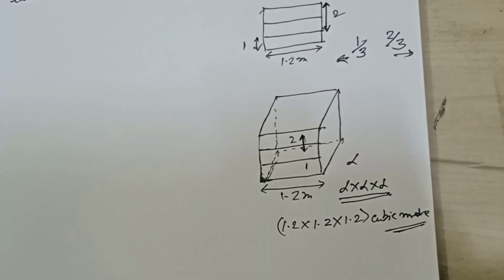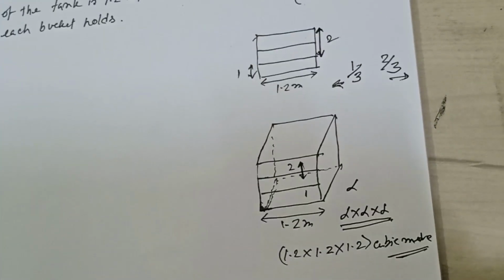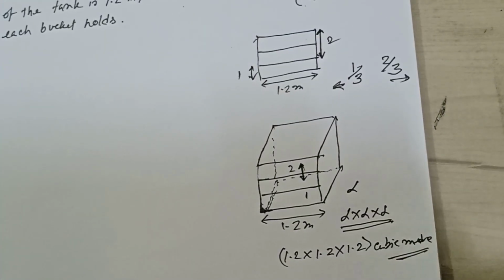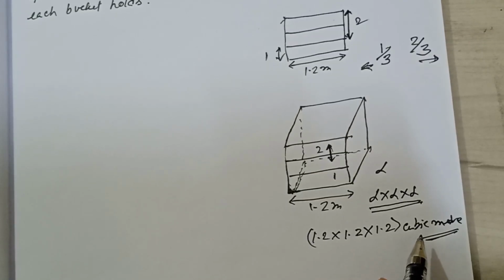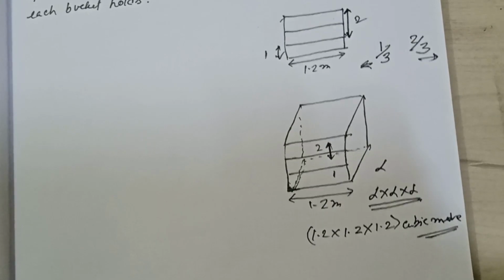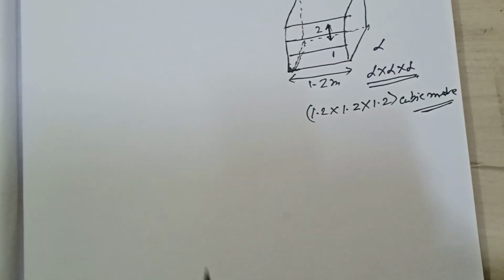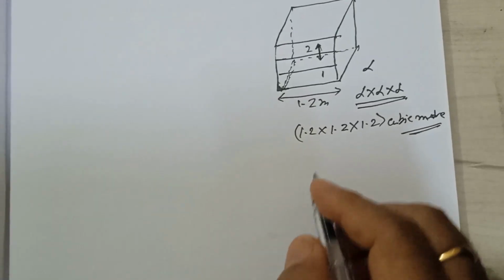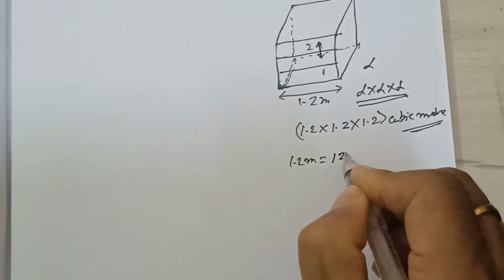Now this is not very useful to find the volume of water. So what we do is, instead of 1.2 meter, we will convert meter to decimeter. Okay. Let us convert 1.2 meter to decimeter.